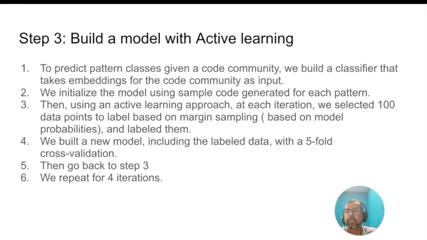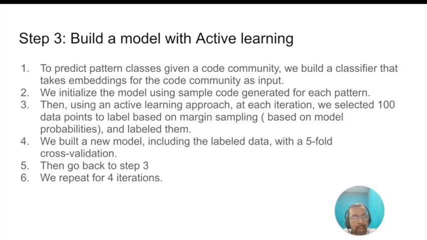Remember, for each repository we have identified code communities. So we have two things: code communities and embeddings for these code communities. We have 14 patterns identified. We first gave each of these 14 pattern classes to an LLM and asked it to generate sample code.